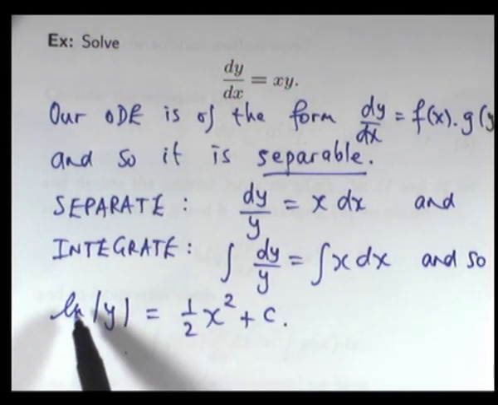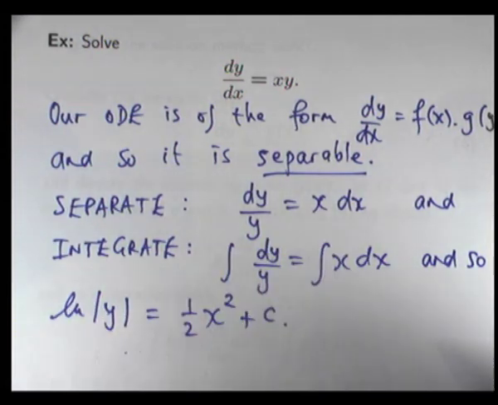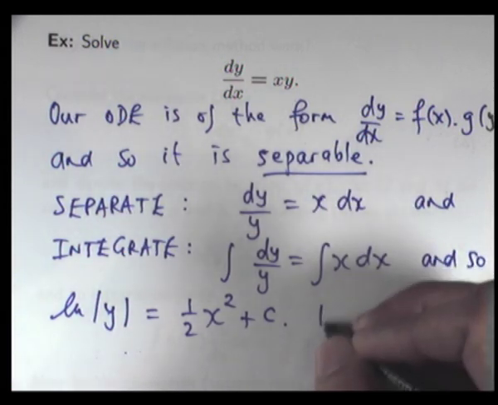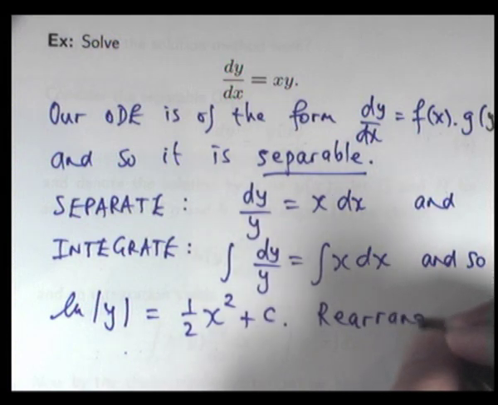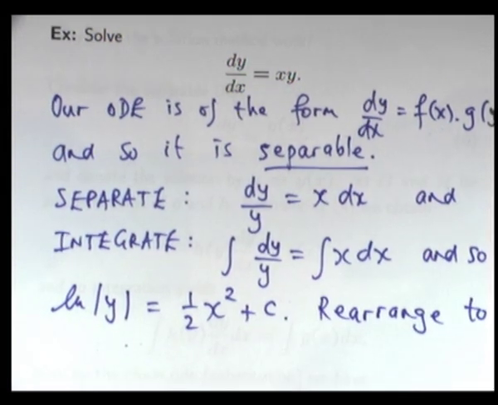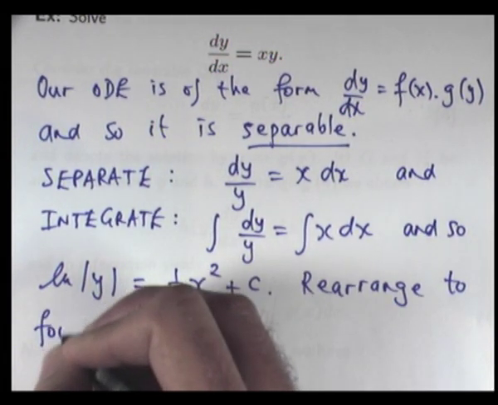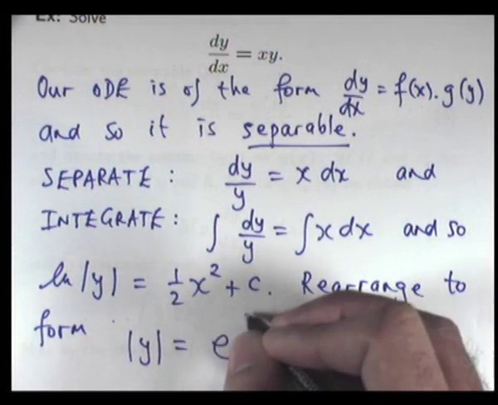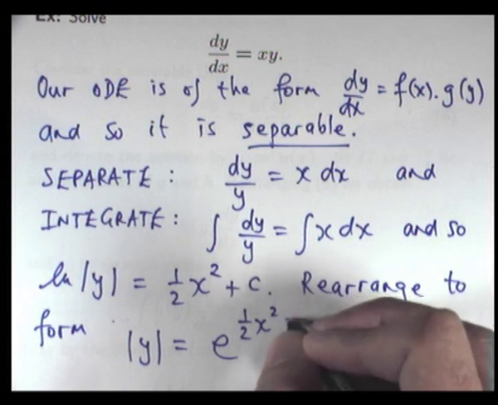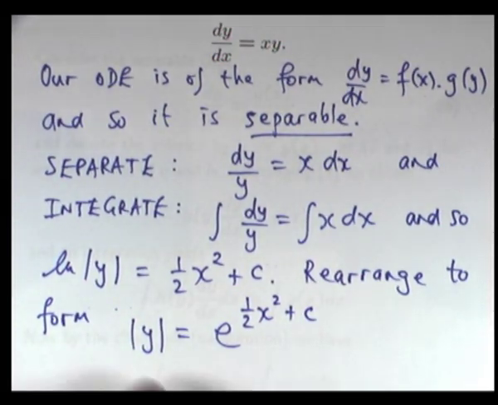The first thing I can do is remove the logarithm by taking the exponential of both sides. I guess we're rearranging here, in a sense. So |y| is going to be e to the half x squared plus this constant. What I would like to do now is to get rid of these absolute value signs.